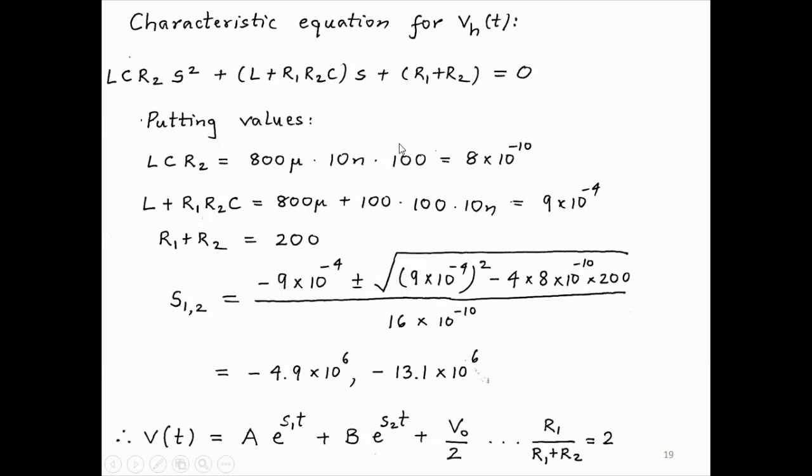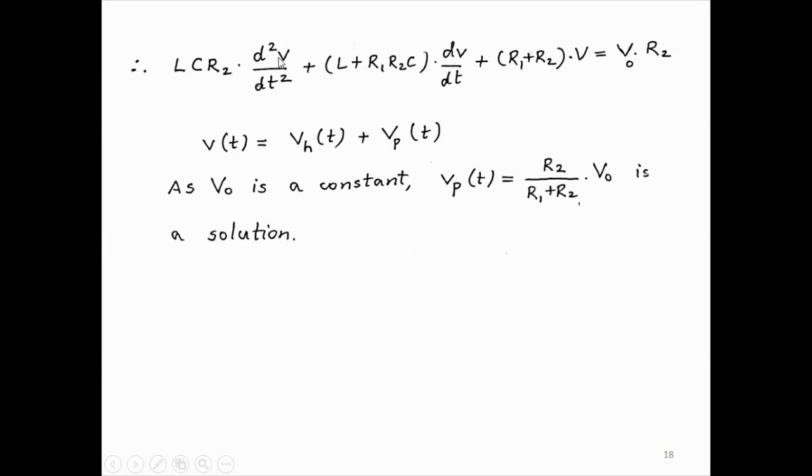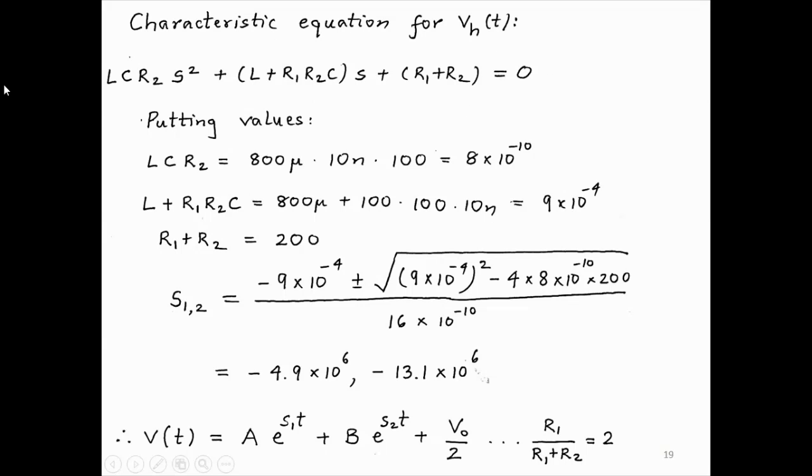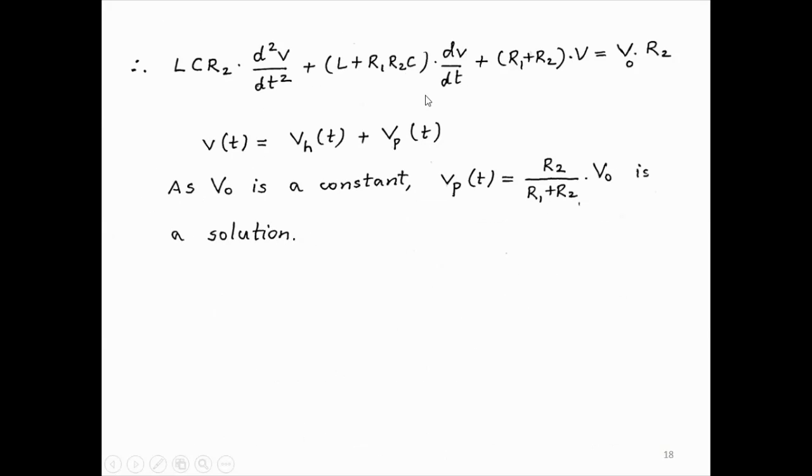For the homogeneous part, we write the characteristic equation which we've done before. We assume that V is equal to e raised to st, and then that becomes S squared times e raised to st, etc. And this is the characteristic equation. So let me go back.